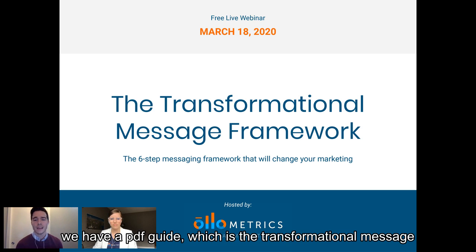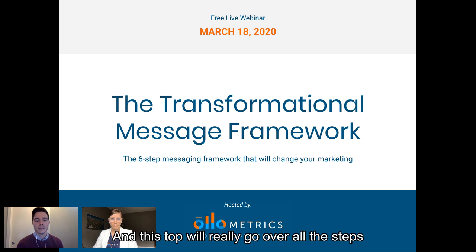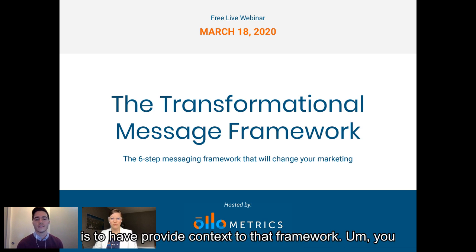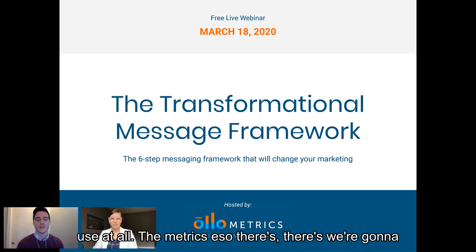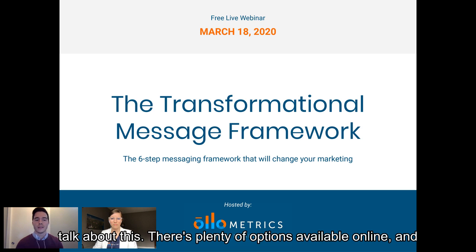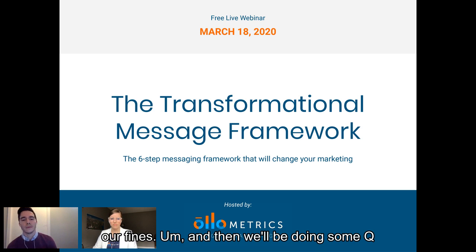We'll have a PDF guide, which is the Transformational Message Framework, so you guys are going to get access to that, and this talk will really go over all the steps to provide context to that framework. You'll also get a copy of the target persona that we use at Olometrics. We're going to talk about this, but there's plenty of options available online. But we're going to share the actual resource that we use with our clients. And then we'll be doing some Q&A.